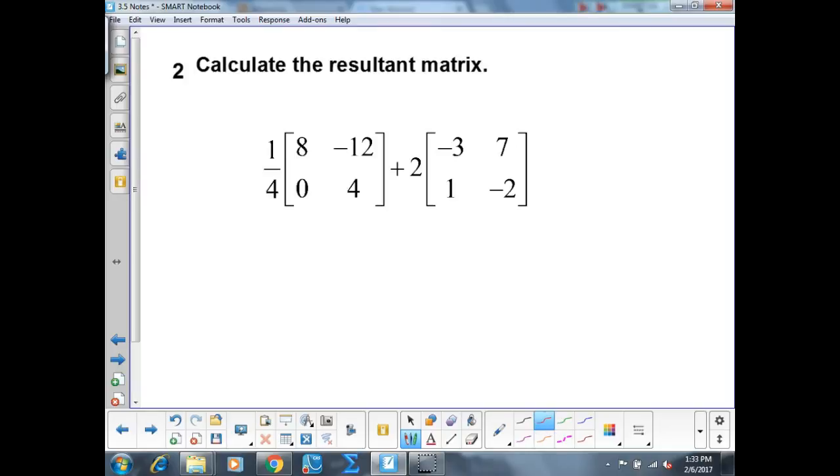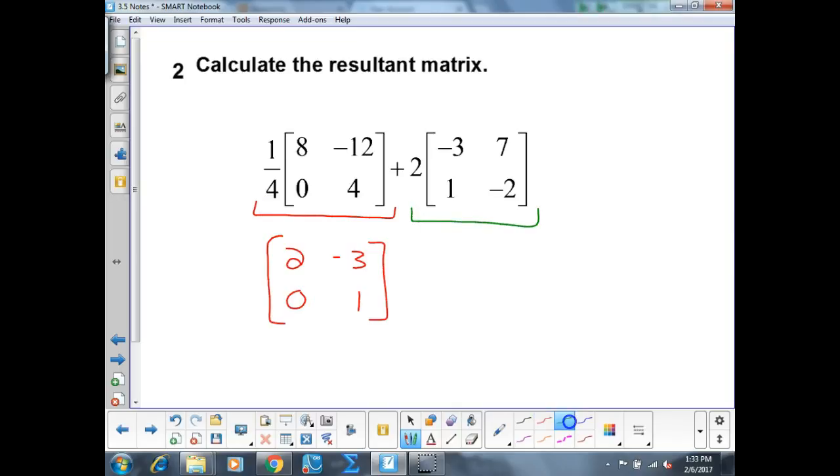So this first one would become 2, negative 3, 0, 1. This second one would become negative 6, 14, 2, negative 4.